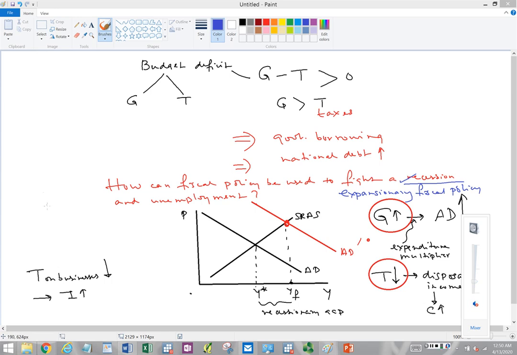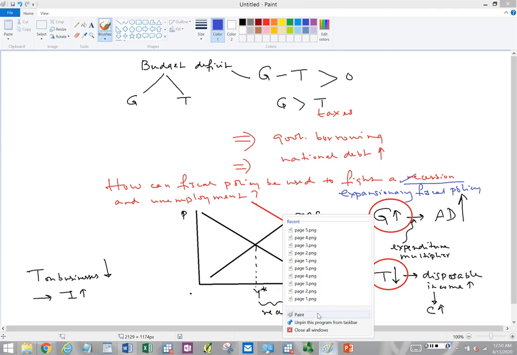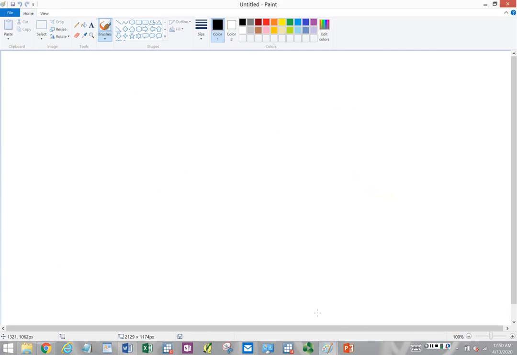Now remember that low inflation is another macroeconomic goal, correct? So fiscal policy to fight inflation.